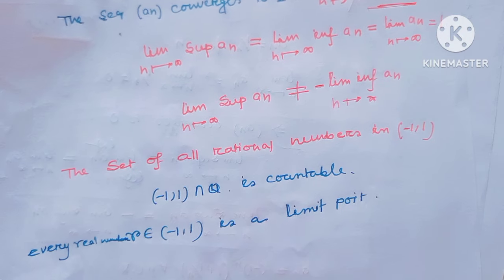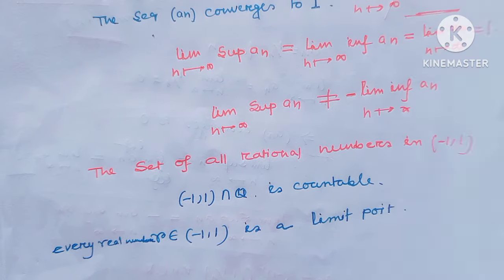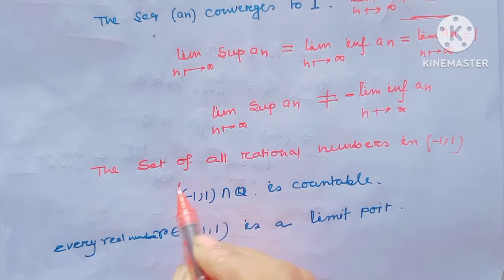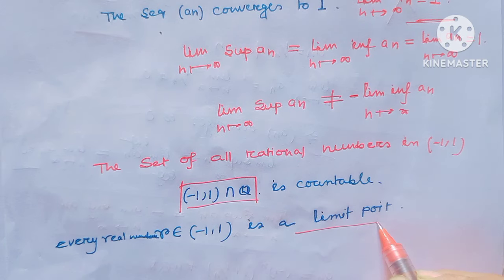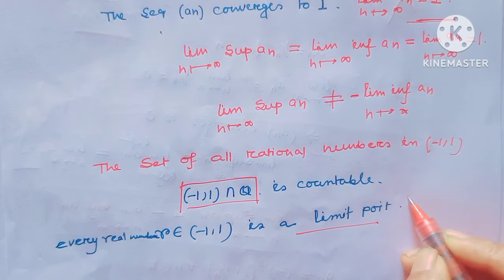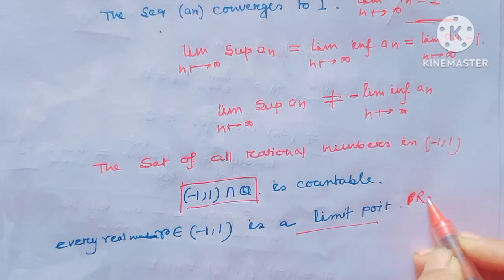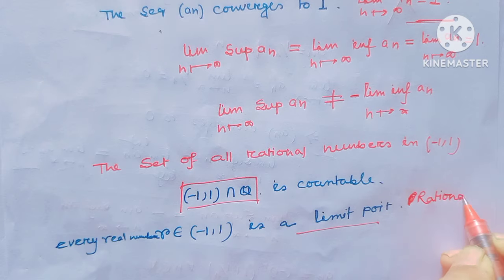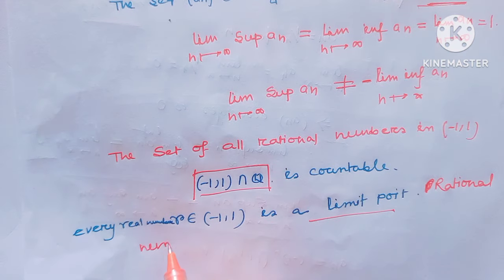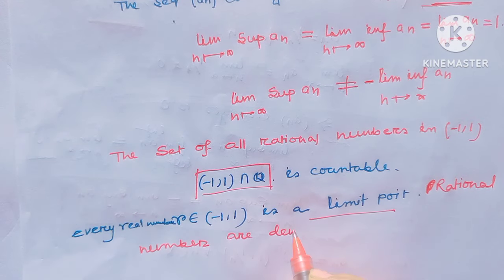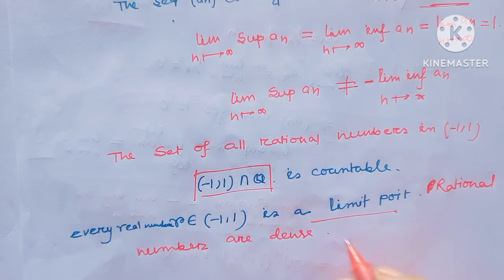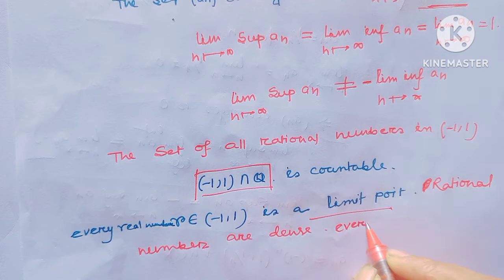All rational numbers in minus 1 to 1 is the intersection of minus 1 to 1 with Q, which is a countable set, and every real number r belonging to minus 1 to 1 is a limit point because the rational numbers are dense.